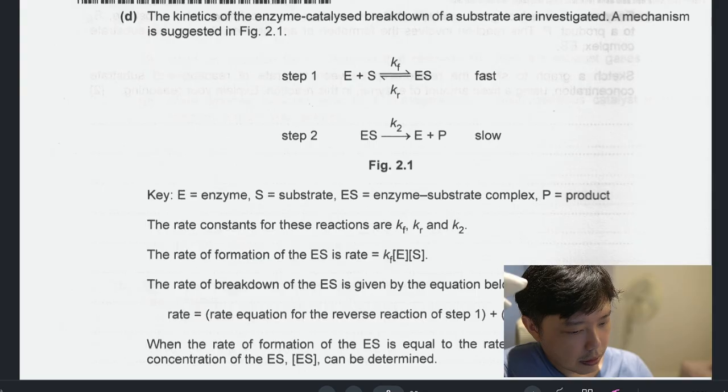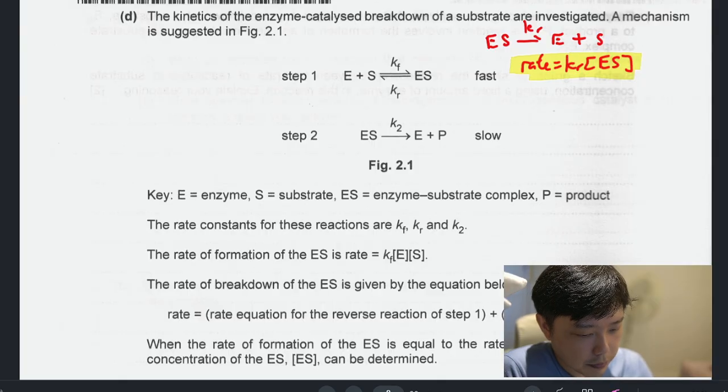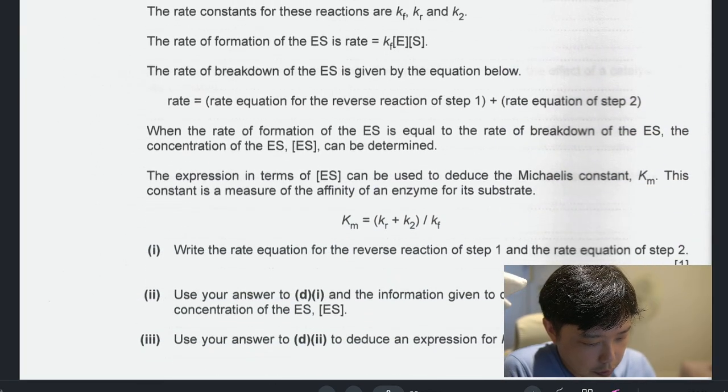Looking at step 1, the reverse reaction will look like ES going to E plus S with KR. So the rate is equal to KR [ES]. This is the rate equation for the reverse reaction. Okay, so this is the first part.